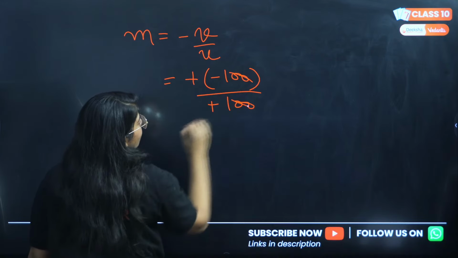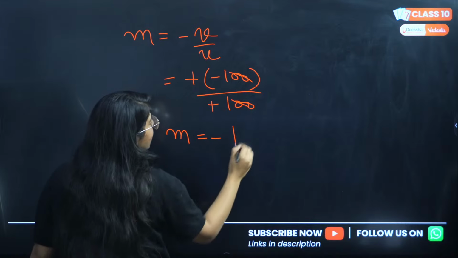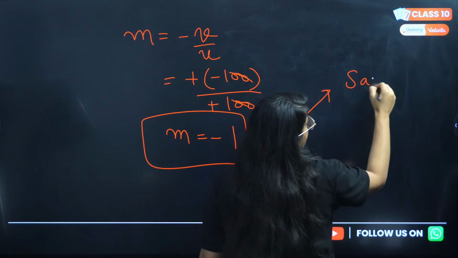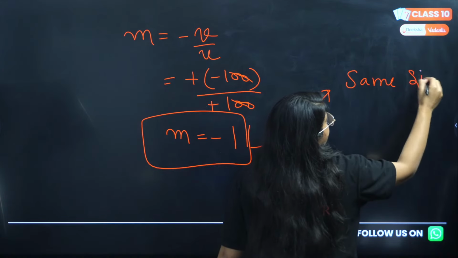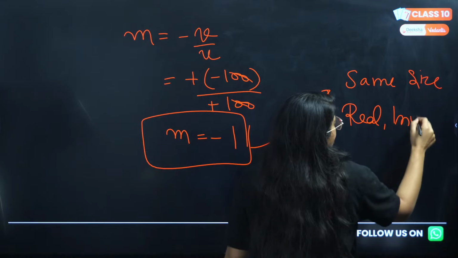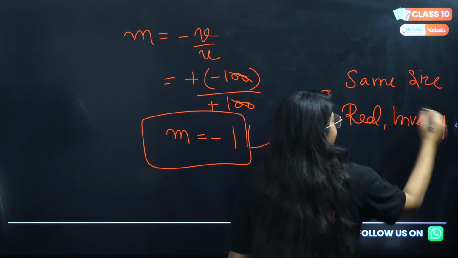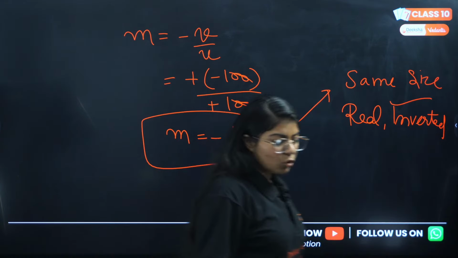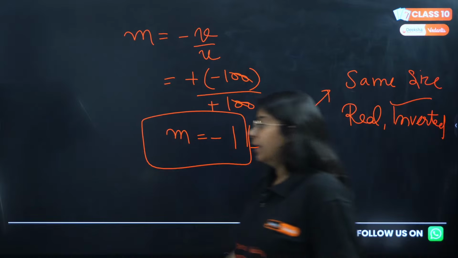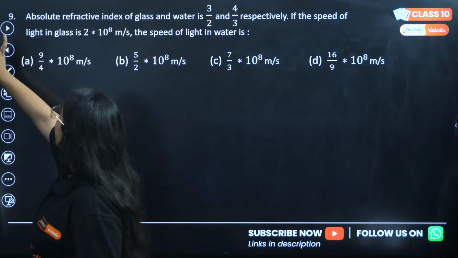So magnification will be minus 1, which means the image is of same size. Correct? And this negative sign means it's real and inverted. Correct? Can we move to the next question? Okay, moving on to the next question.